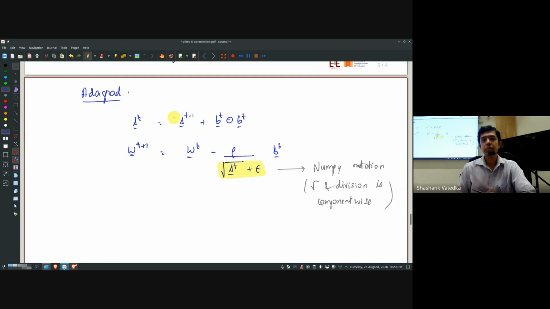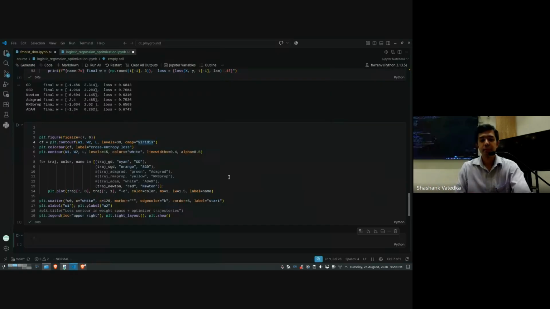So as the number of steps becomes larger and larger, the total energy accumulated will also grow, which means that after a reasonably good number of steps, the denominator becomes very large. Then you stop taking any further steps. That's one of the main problems with the Adagrad algorithm and implementing it in practice.